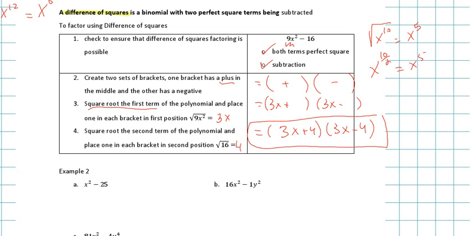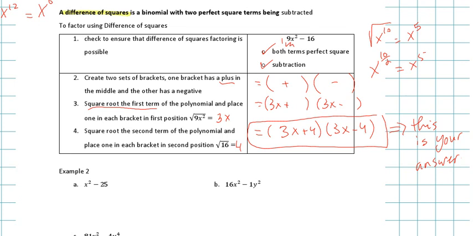When we multiply them together, we will get the same thing. If you expand it, you're going to get back to 9x squared minus 16. Magic. Let's try it.